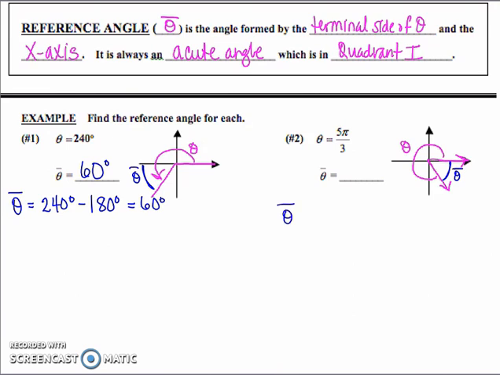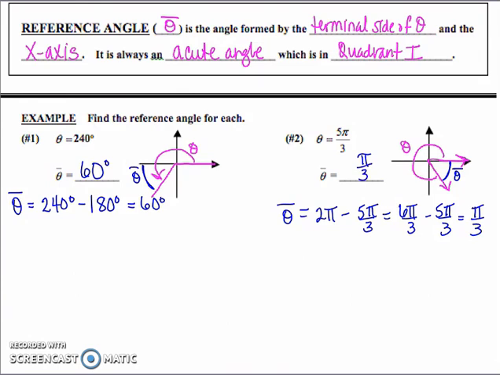So in this situation, our theta bar is going to be equal to 2 pi minus 5 pi over 3, because that'll give us what that angle is that's left there, which if we get a common denominator here, we're going to have 6 pi over 3 minus 5 pi over 3, which tells us that our reference angle is pi over 3, which you probably could have told me without doing any of that math.